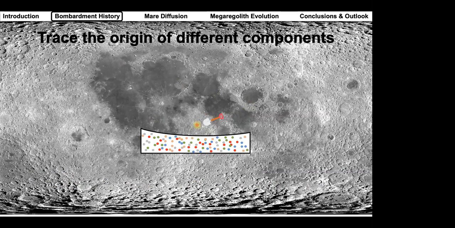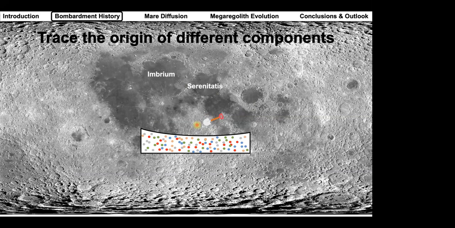You also notice in the background there are huge impact basins, Imbrium and Serenitatis. So the question now is, what is the relationship of this piece of material with these two giant basins? How much material is derived from these two basins?